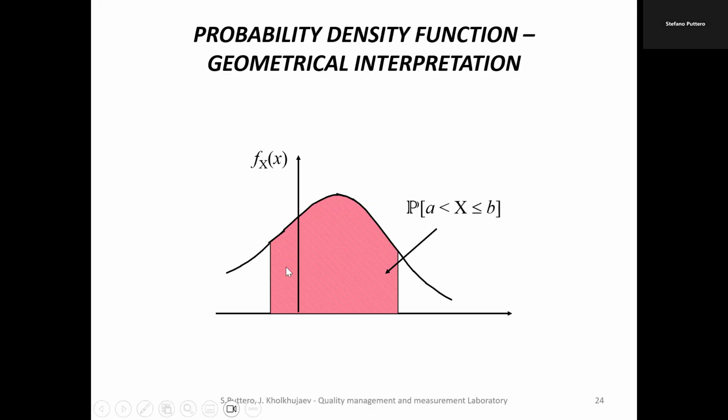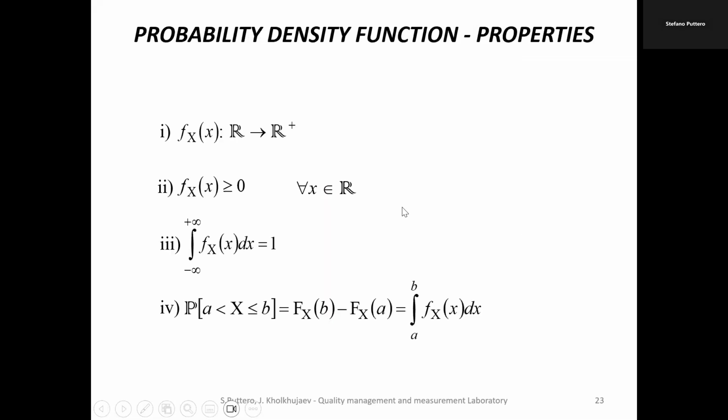So if we want to calculate the probability between A on the left and B on the right, we can calculate the area under the curve between A and B. That means what we have already seen in the previous slide: the integral between A and B of the probability density function.